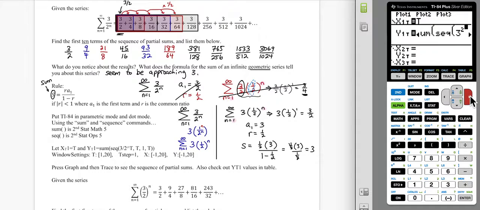Except it screwed up the, oh, you know what? I must have typed something in incorrectly here, because it's 3 divided by 2 to the t. I must have hit the caret key without realizing it. Apologies. Divided by, because I was like, that looks funny. 2 raised to the t power.